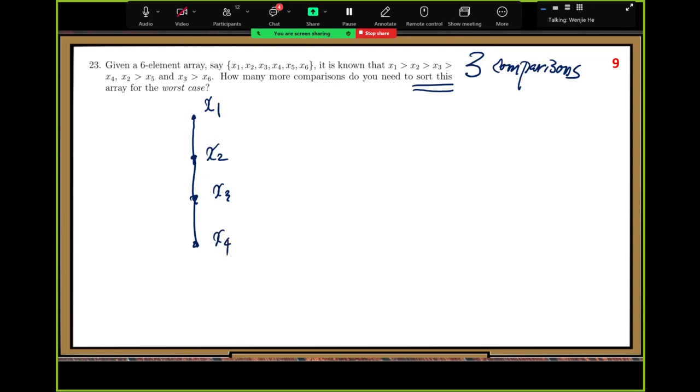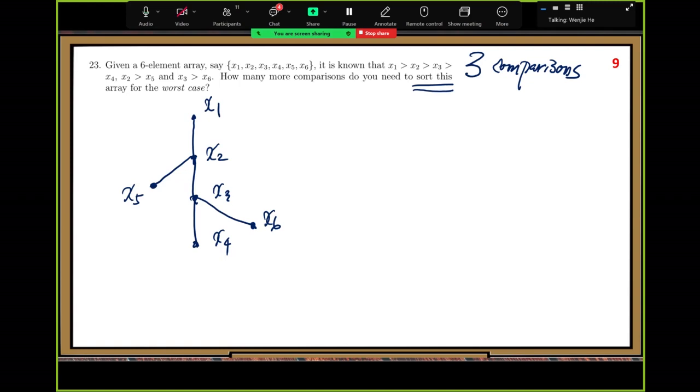Then x5 below x2, and x6 below x3. Now we want to sort this array with the minimum number of comparisons.